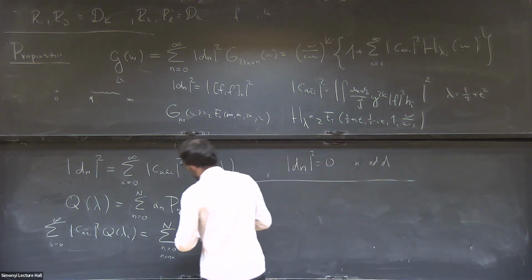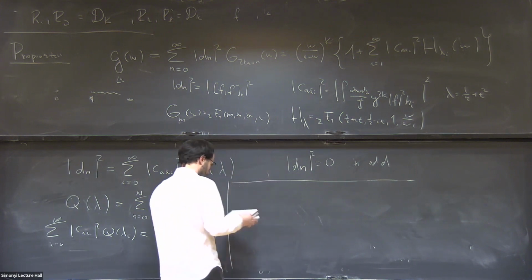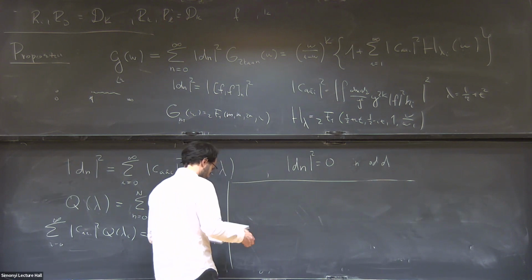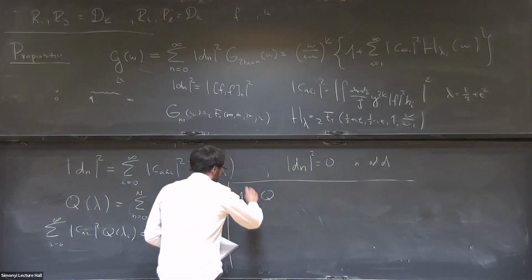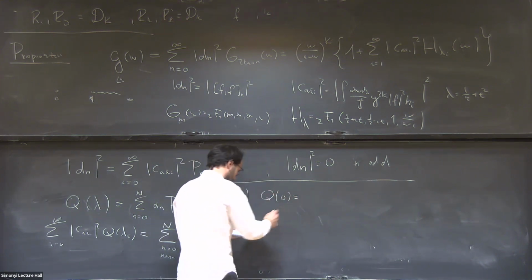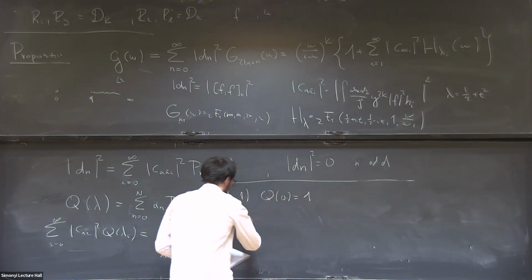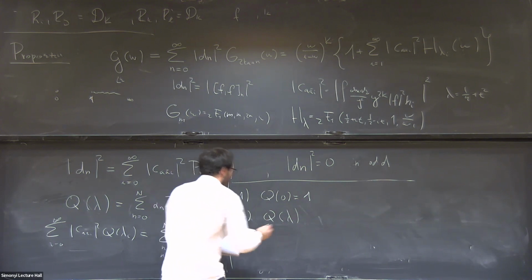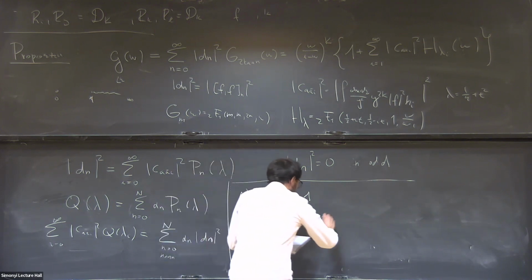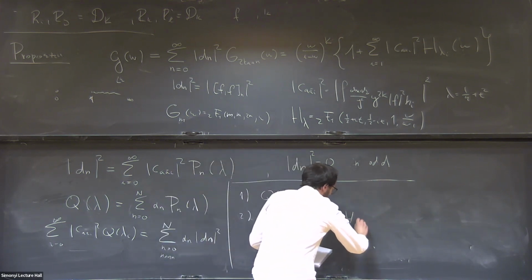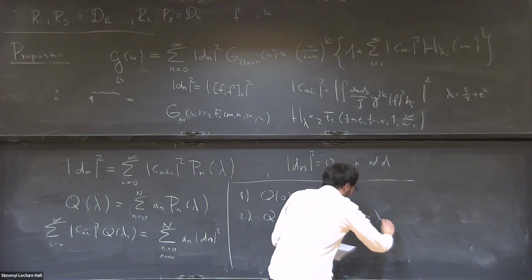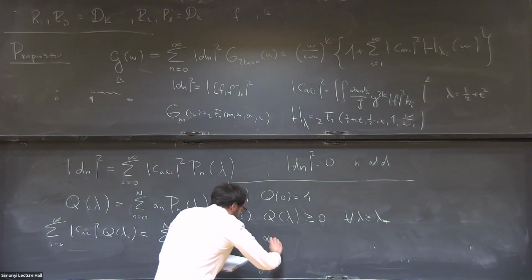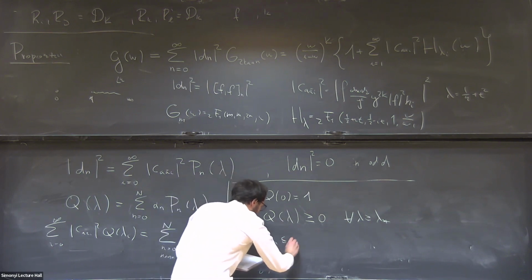Let's just imagine we can choose these alphas such that the following conditions are satisfied. First, Q at 0, which is the identity, is 1. Second, that Q is non-negative for all lambdas above a certain gap. And finally, that all the even alphas are non-positive.